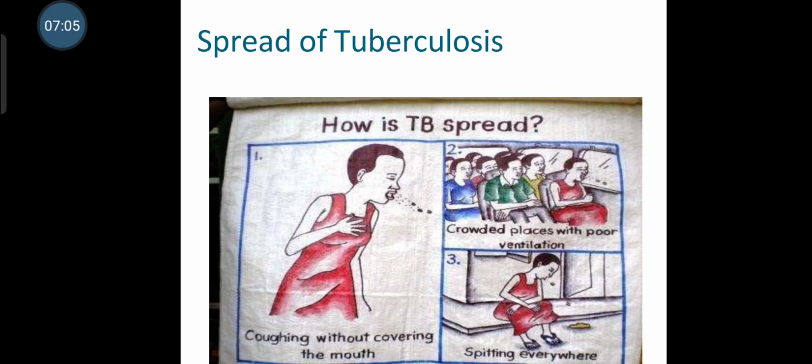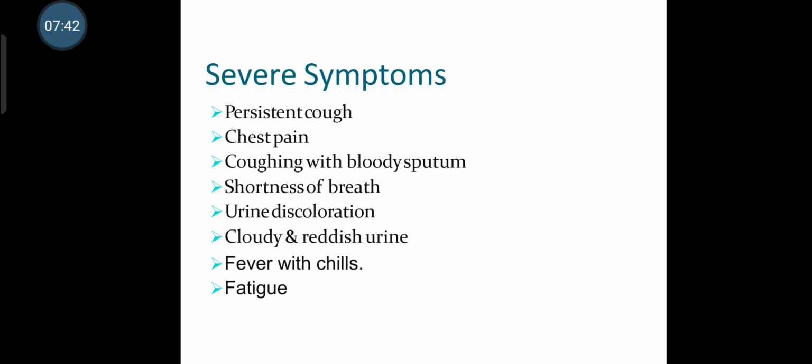If a person has tuberculosis and is coughing without covering the mouth, without using a mask, sitting in a crowded place with poor ventilation, and spitting everywhere, then the bacteria present in the person's sputum or cough will easily spread in the form of nasal droplets, sputum, or airborne particles. By all these modes, the tuberculosis bacteria is spread from a diseased person to a healthy person.